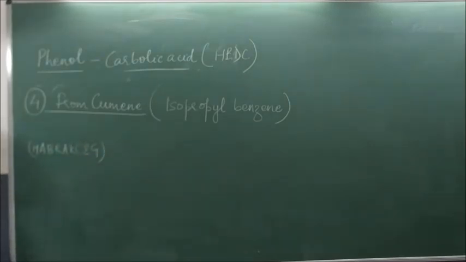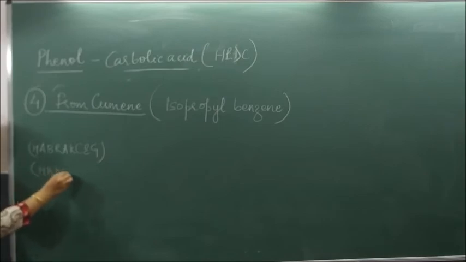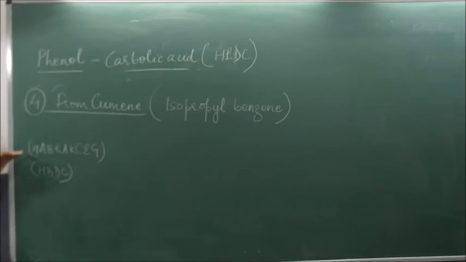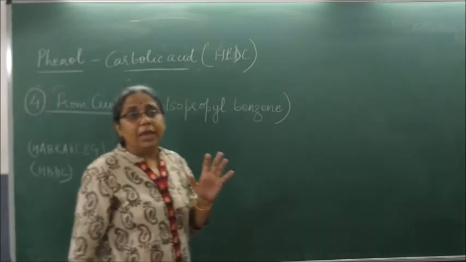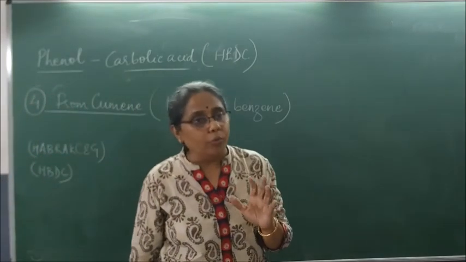So this is the method of preparation of alcohol. Same way, what are the methods of preparation of phenols? From haloarenes, from benzene sulfonic acid, from diazonium salt, and last from cumene. If you know this, anywhere if a question comes, you should be able to answer how we prepare.